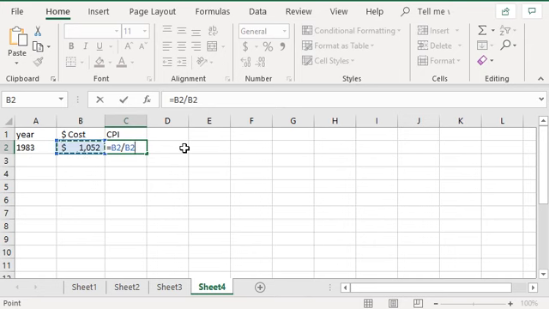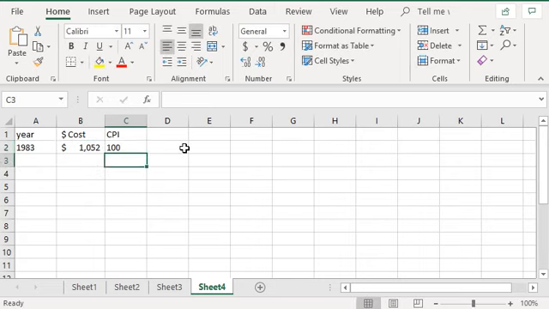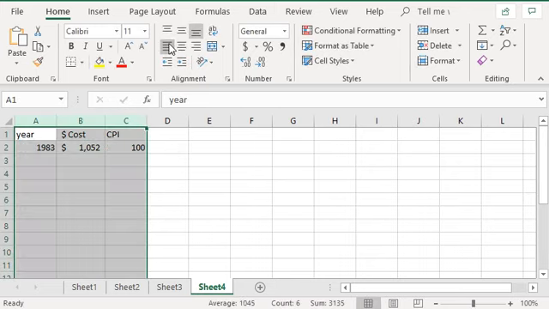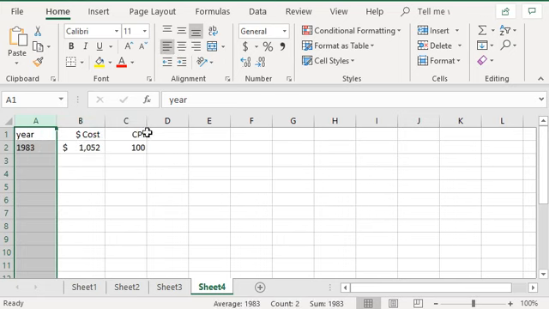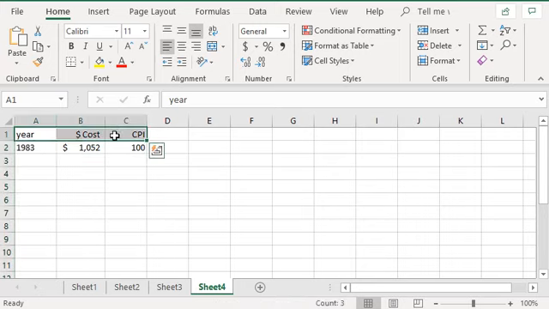I'm going to hit F4 to freeze the denominator in row 2. Then multiply by 100 and hit enter. Again, we get 100, right? That's exactly what we should get. I'll bold that.